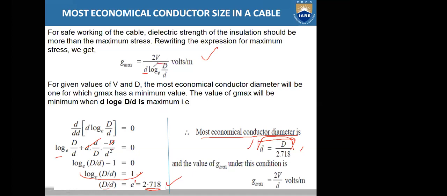So that value will become equal to 1, and the Gmax will be 2V by small d. This is the maximum potential gradient under the conditions of the most economical conductor diameter. This is how you can determine the most economical conductor size of a cable.